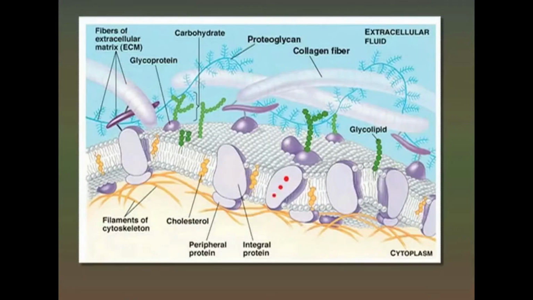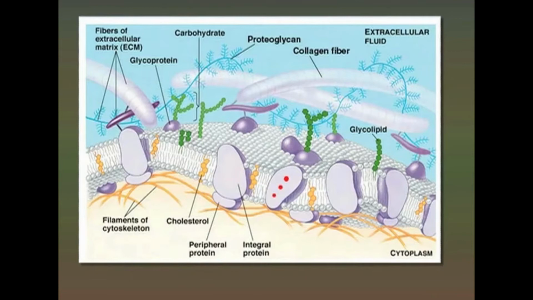Now, we will see the picture of a typical lipid bilayer of the plasma membrane. In this picture you can see different carbohydrate material which is present here, and glycoprotein material which is present here. This is the extracellular fluid side of the cell membrane, and these are the cholesterol molecules. This is the integral protein molecule and this is the peripheral protein molecule.